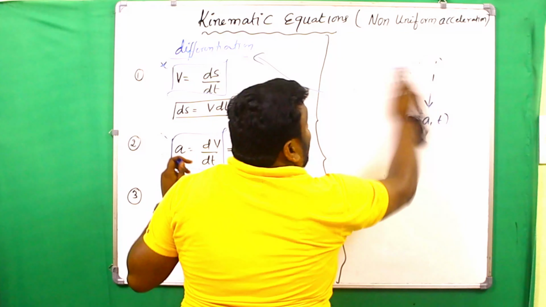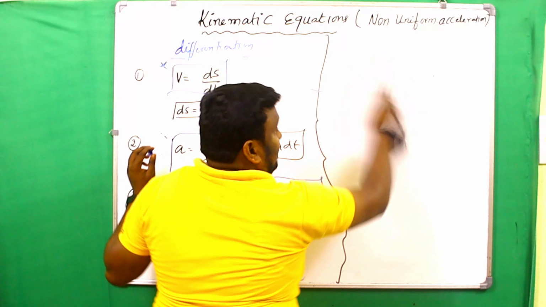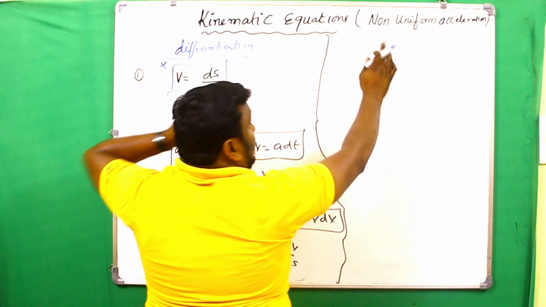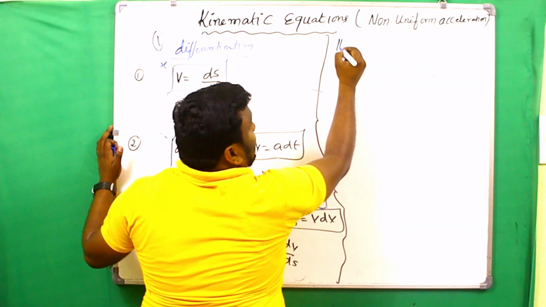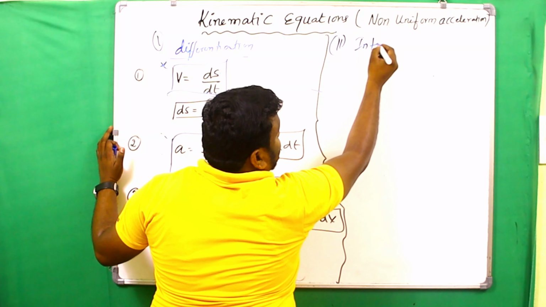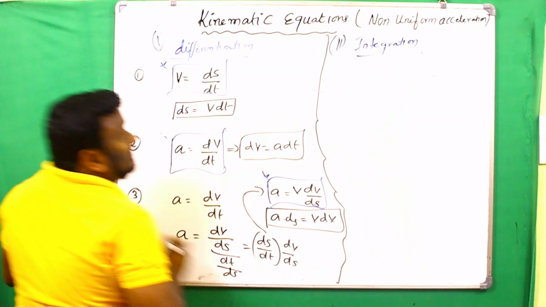So now when is integration preferable? Same thing here, the body is moving with non-uniform acceleration, but the second one is where we are going to take the integration. When we can prefer the integration method, that is what you have to know.